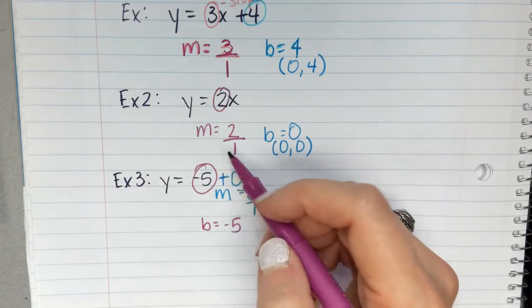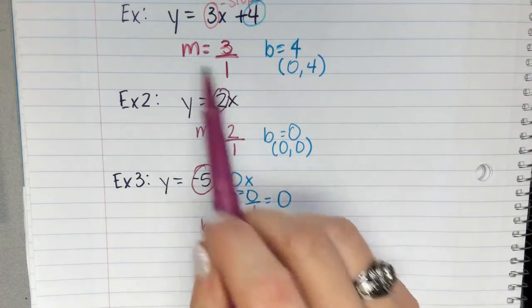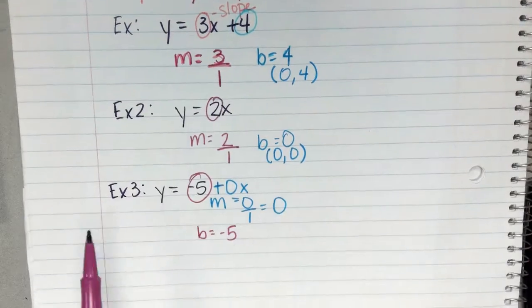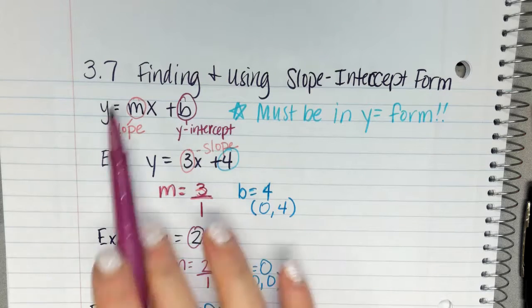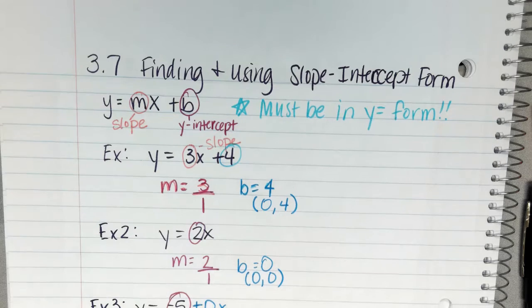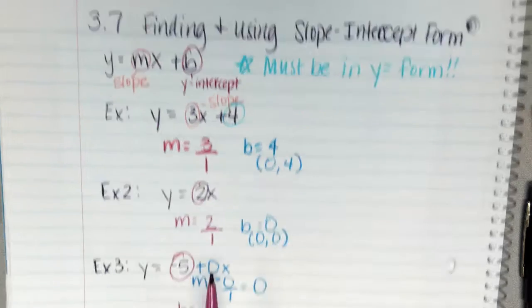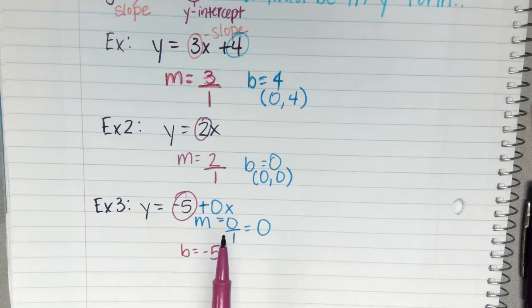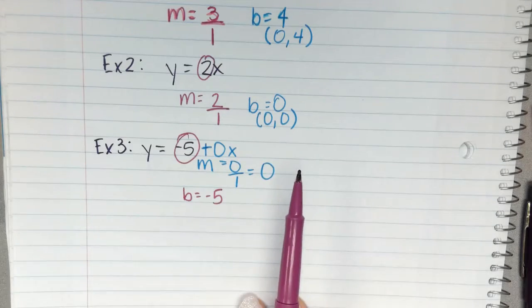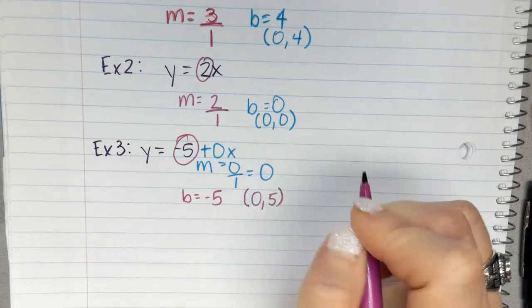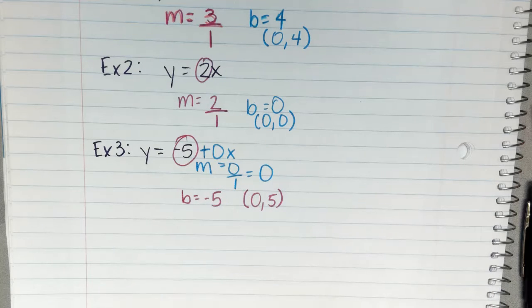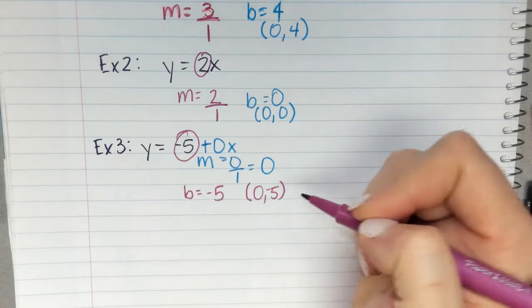And I wanted you to see that it doesn't always have to be in this order, mx plus b. It can be backwards and you might have to move it around, but the number by itself without the x attached to it is going to be your y-intercept. It's your b. So the line is crossing the y-axis at 0, -5.